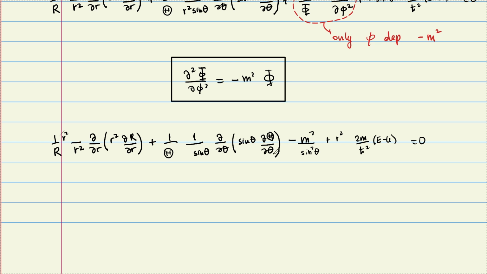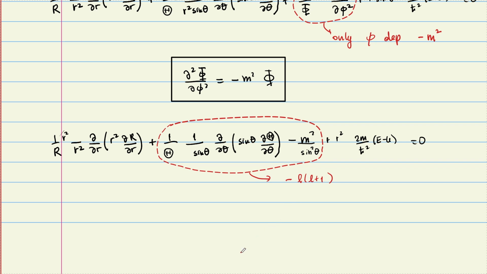Okay, it seems like I also separated theta from r. So let me identify this only theta dependent term. The first and second are only r dependent. I am going to separate them into their own equation. So this thing is typically called minus l(l+1).